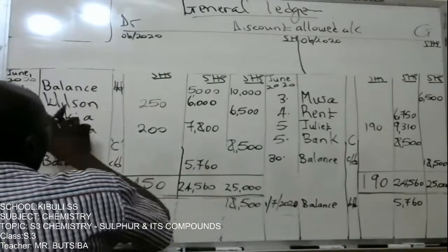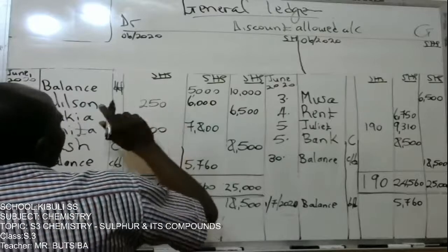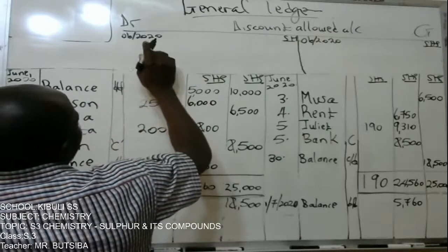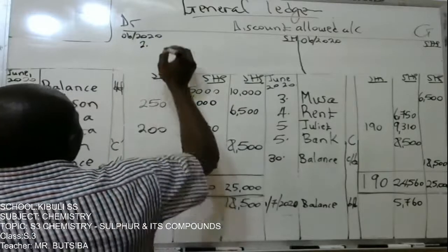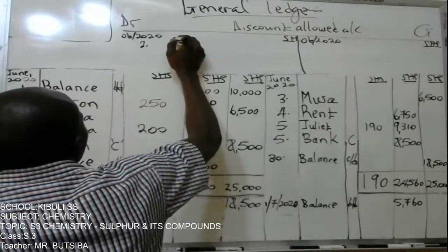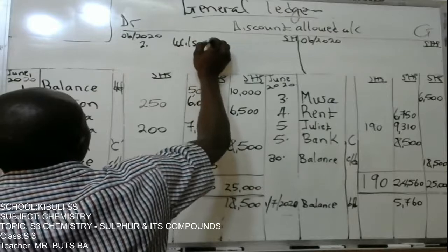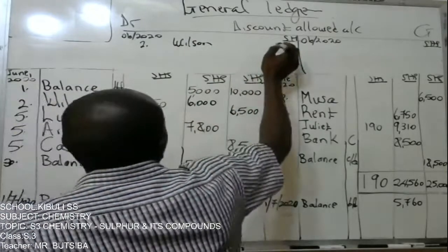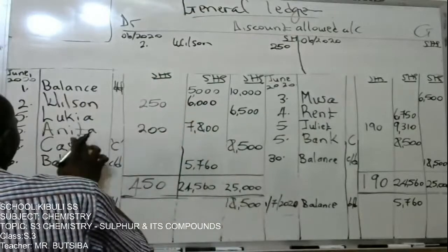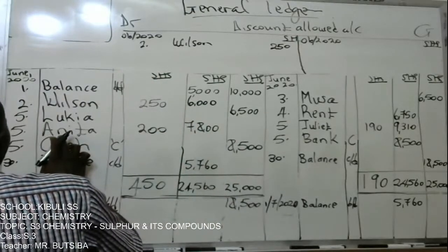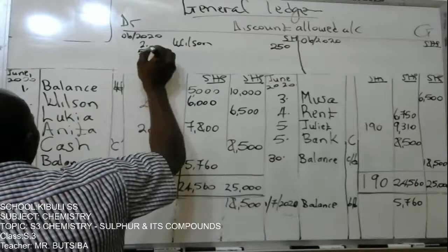So you can capture Wilson. So you have a transaction on 2nd. Then you have Wilson 250. Then you pick another person whom you allow the discount on 5th.